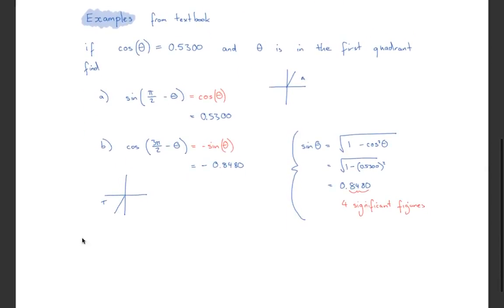Okay, so we'll go through some examples from the textbook. We're given that cosine of theta equals 0.5300, and we're told that theta is in the first quadrant. It's important to know that theta is in the first quadrant because then we can use our reference angle. We're asked to find sine of pi on 2 minus theta.